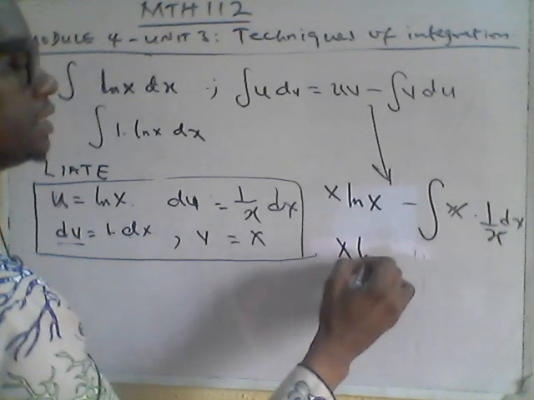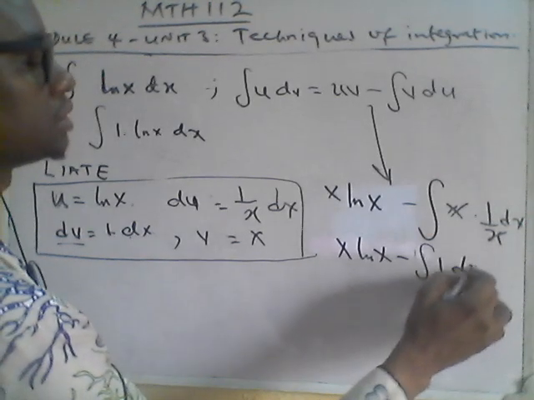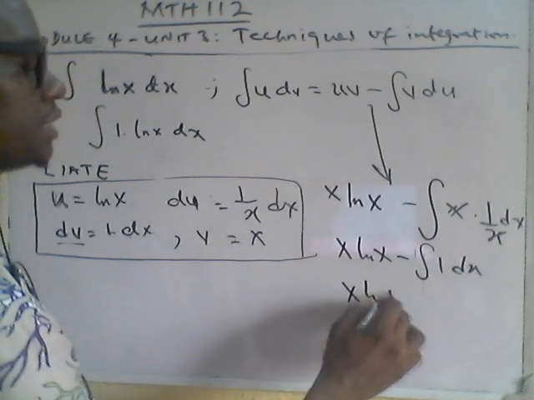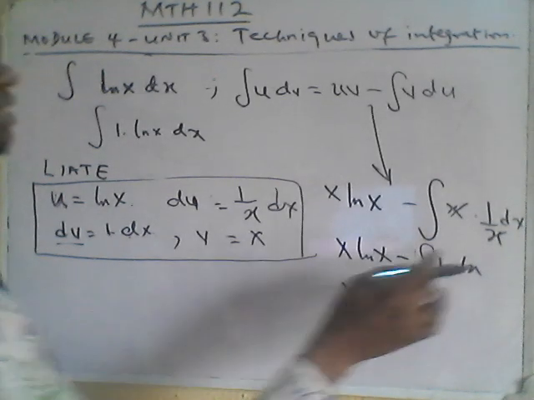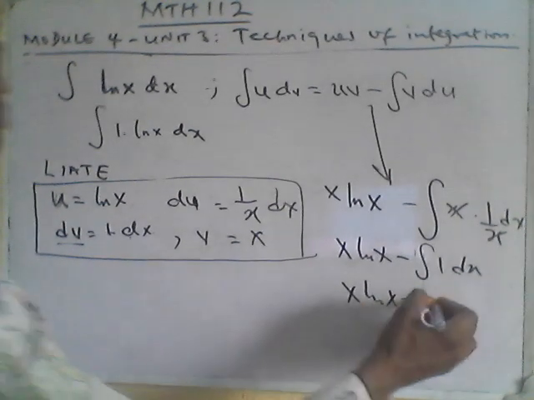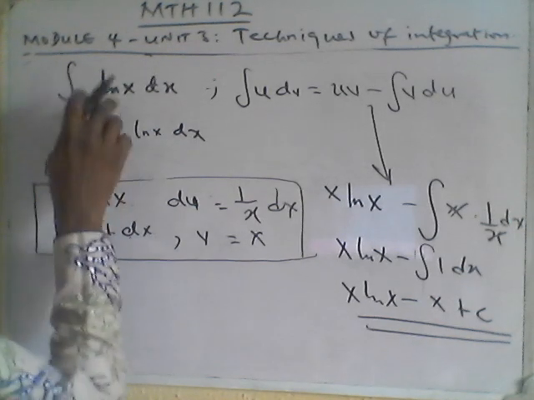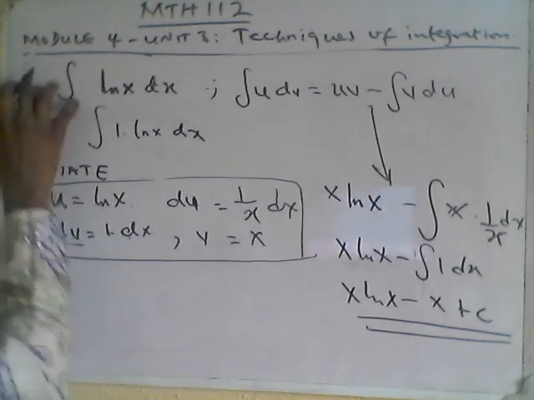So I'll say x ln x minus integral of 1 dx. So x ln x minus, if I integrate 1, I'm going to get x plus c. So this is the answer for this integral.